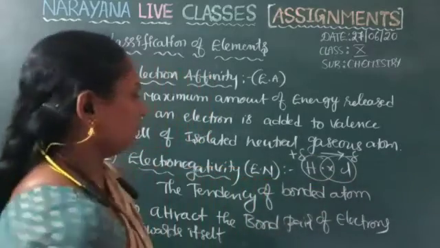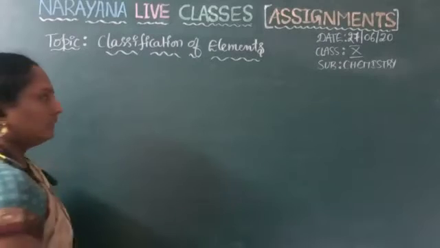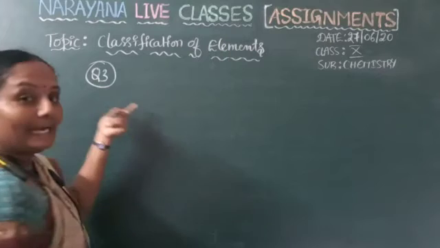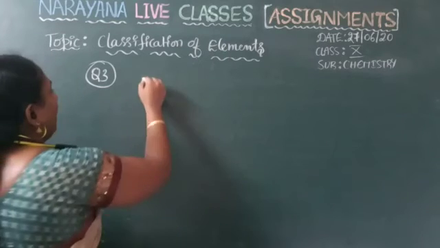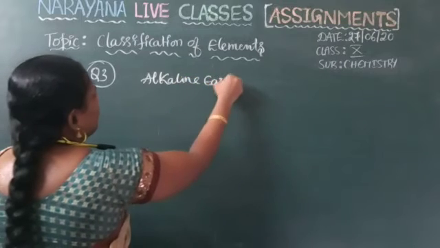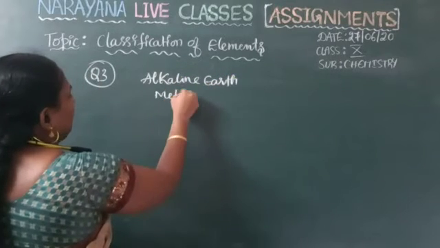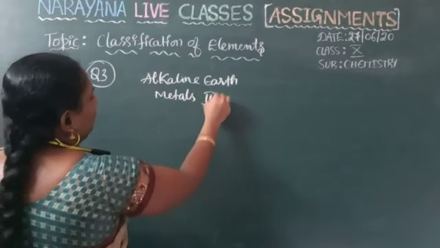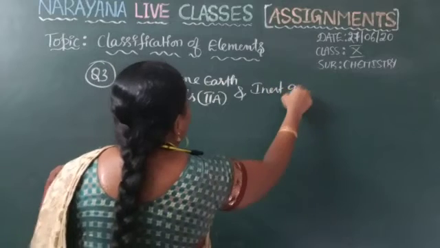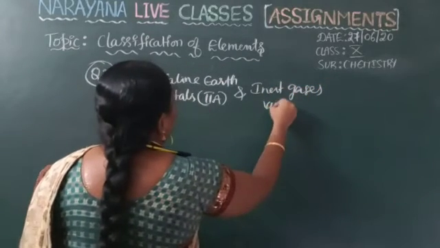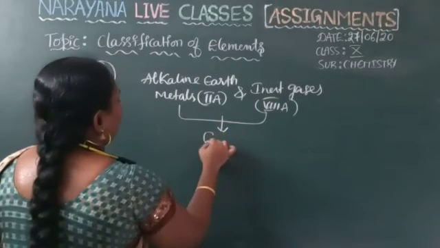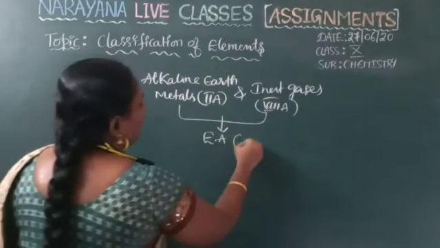Next, question 3. The electron gain enthalpy of alkaline earth metals, that is, second A group elements, and inert gases, those are 8A group elements, is positive.